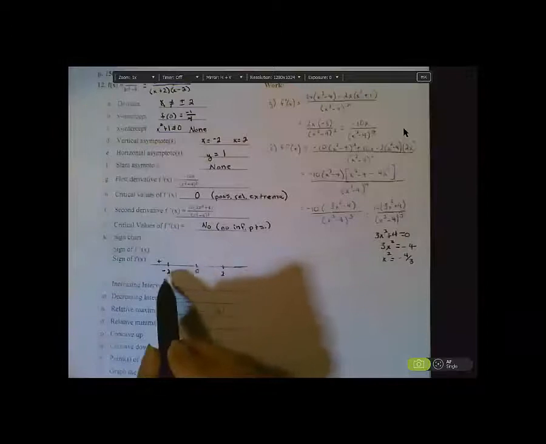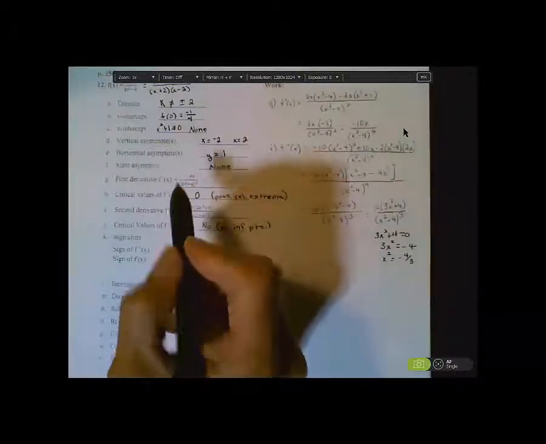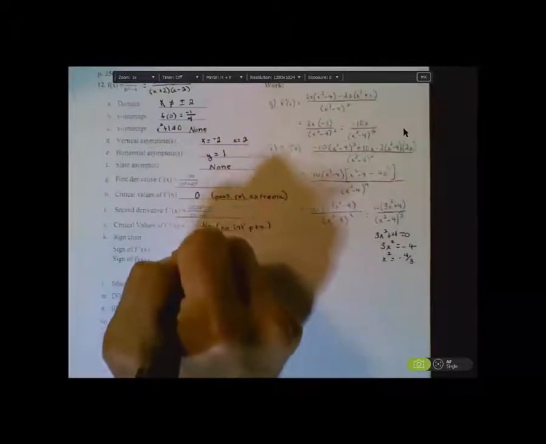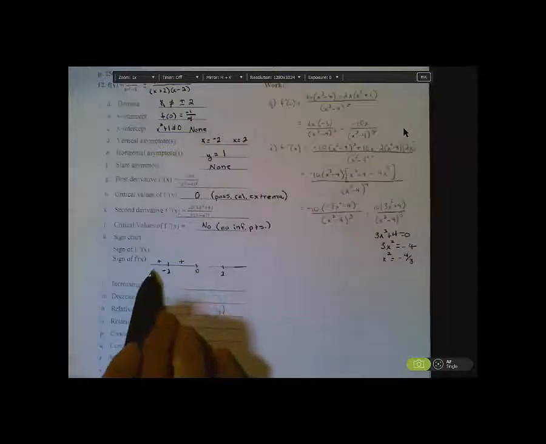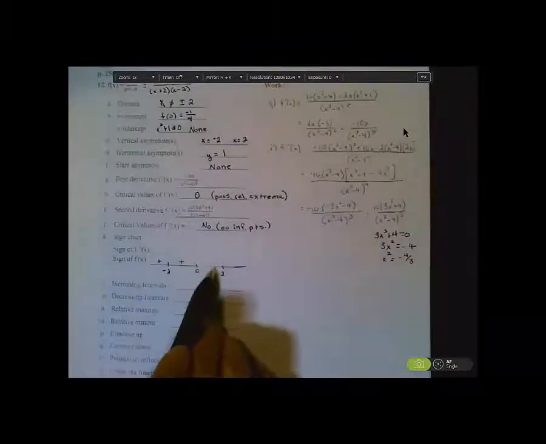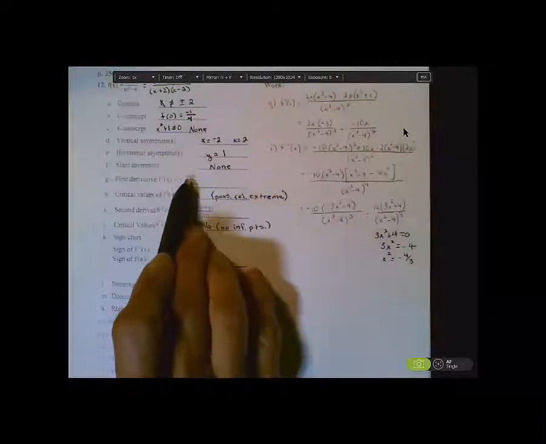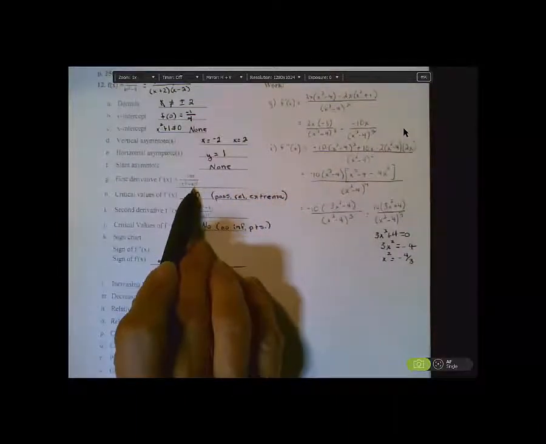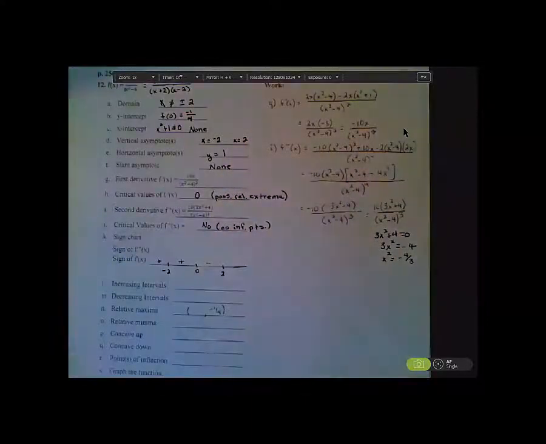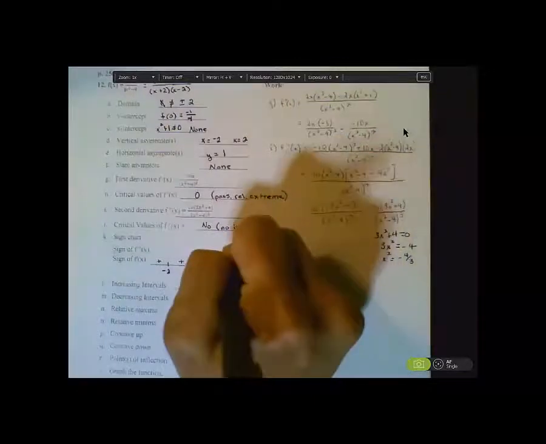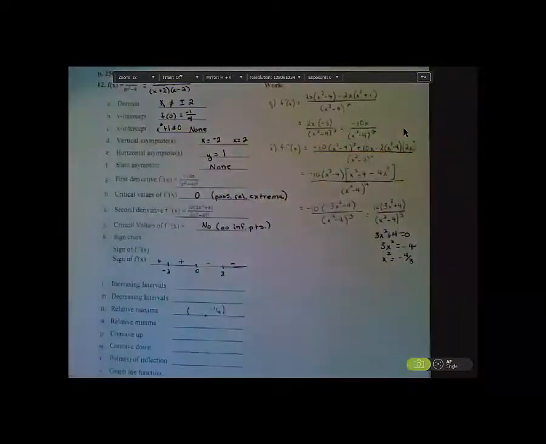Likewise, when I let x be -1, I'd have a negative times a negative over a positive. That makes the first derivative positive for any negative number that you put into it. Now, if I put a +1 into the first derivative, I'd get a negative times a positive over a positive. So at +1, the first derivative would be negative, and likewise, at 3, the first derivative would also be negative.